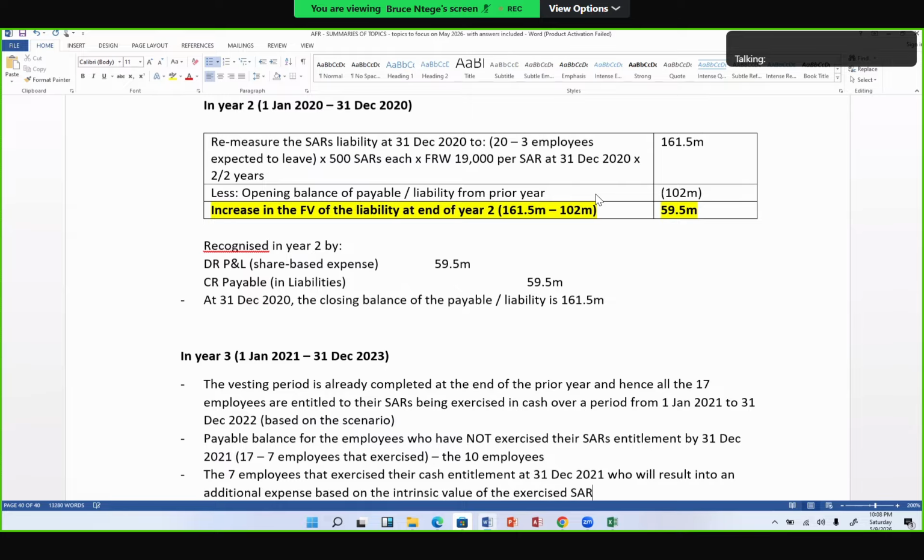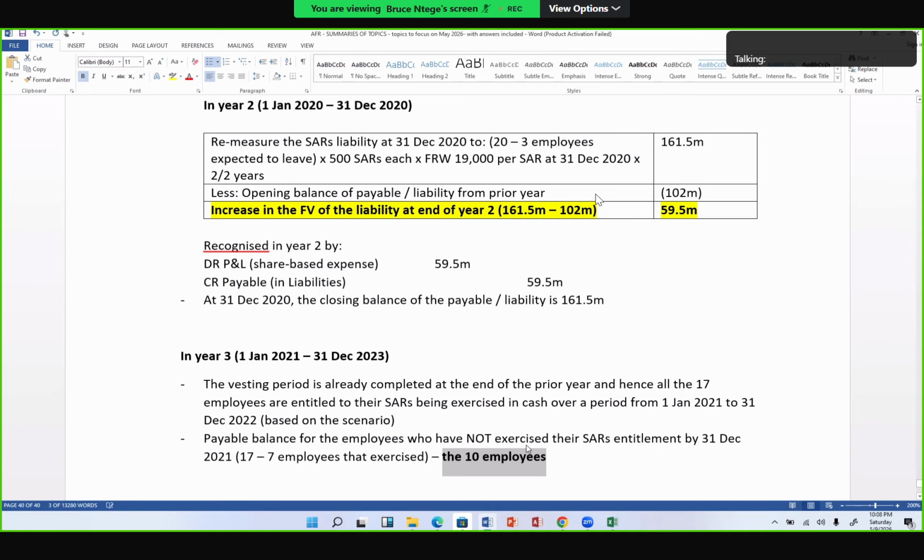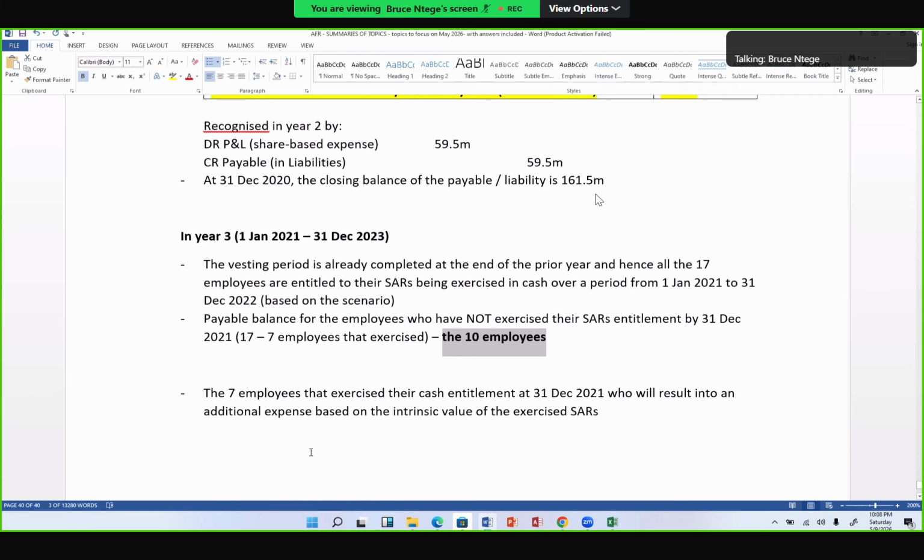So let's deal with each category. Let's start with this 10. So I have 10 employees who have not rushed to go and take their money. For those, I'm going to measure a liability here. So I have a remeasured liability for those 10 employees.